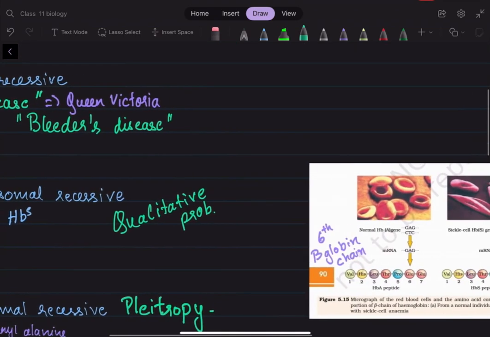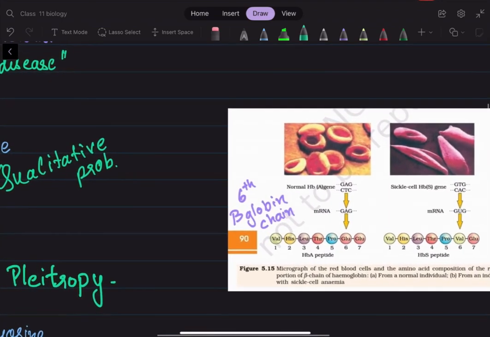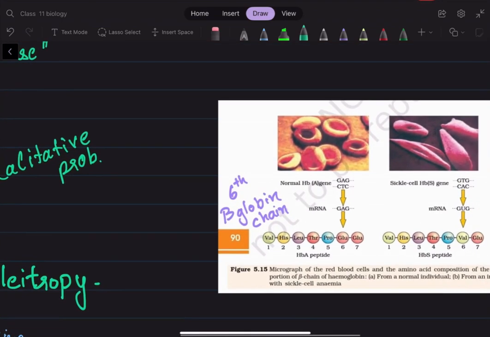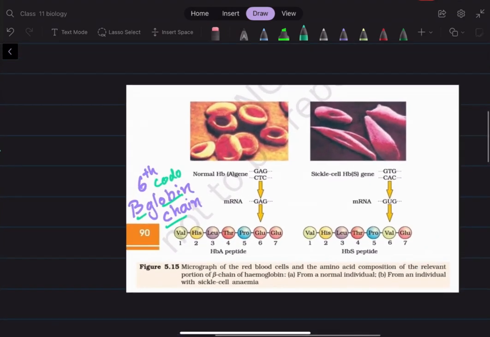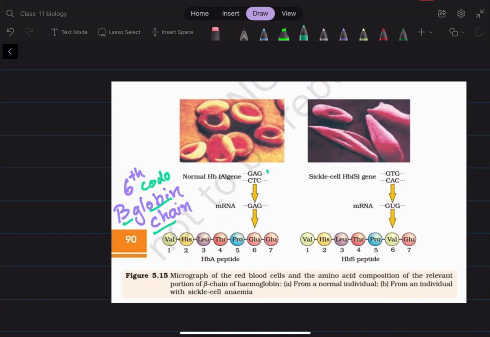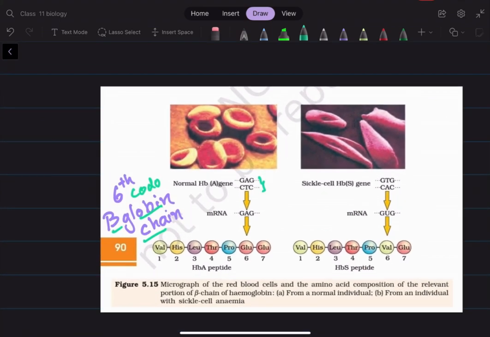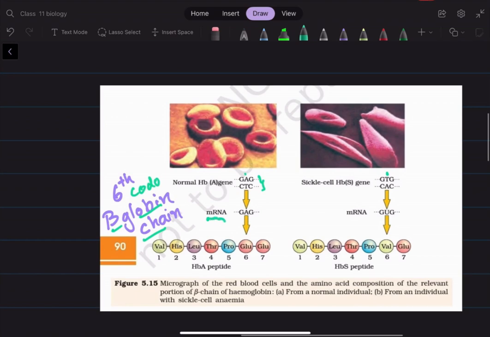So let us see what actually happens here. In sickle cell anemia, the sixth codon of the beta globin chain has a mutation. In our original gene, which is present in the nucleus, there is a substitution and the adenine is replaced by thymine. That is why the mRNA that is transcribed from this gene is also different.